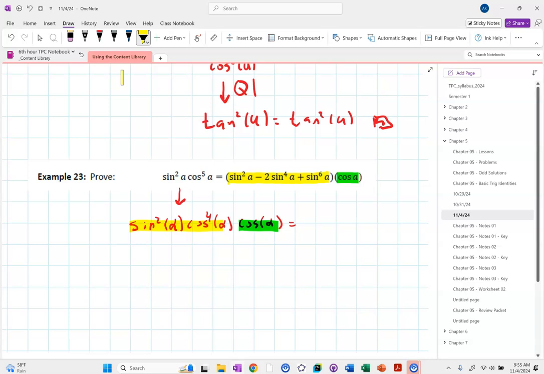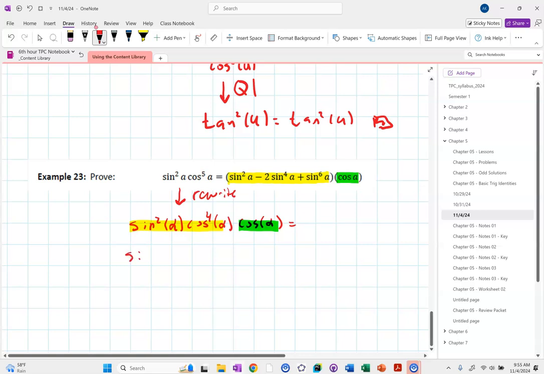Does that feel okay? So I don't have an identity for a cosine to the fourth, but what I do have an identity for are cosine squareds, right? So what I'll do here is, again, rewrite cosine to the fourth now as cosine squared times cosine squared.